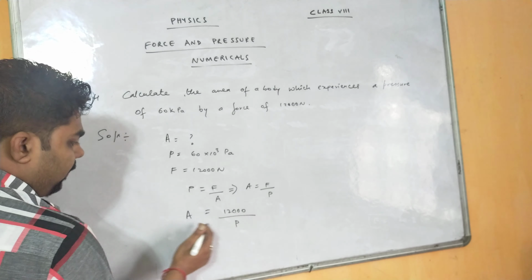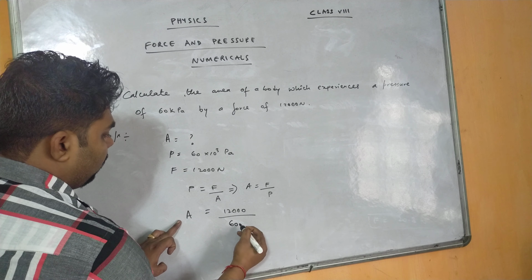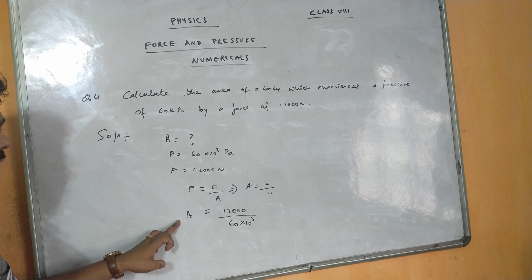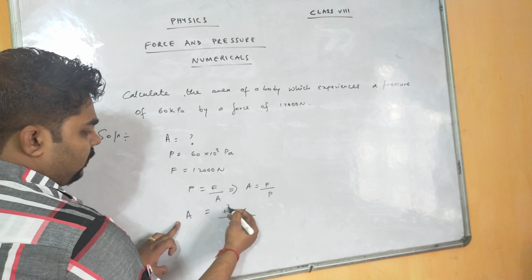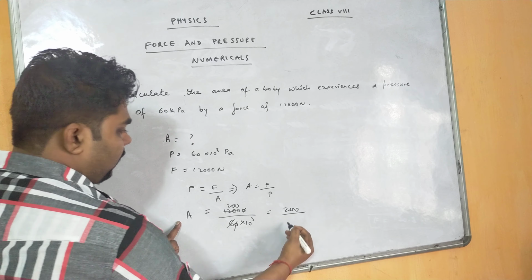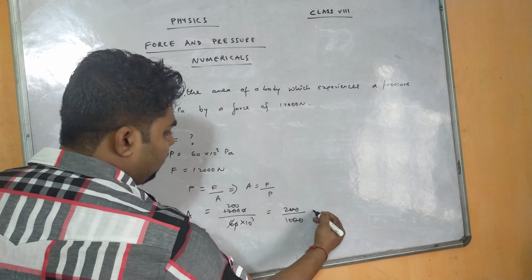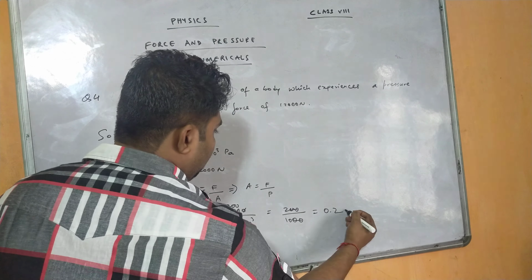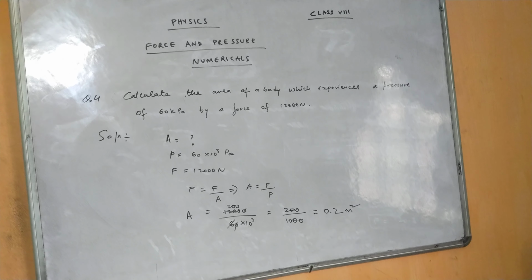So in place of P we will substitute the P value, 60 into 10 to the power 3. So 10 and 10 got cancelled, so 200 by 3 zeros are there. Out of 3 zeros, 2 zeros and 2 zeros got cancelled. So the answer is 0.2, so 1 zero is left, after 1 digit point, that is meter square. Okay. So this is our required answer.